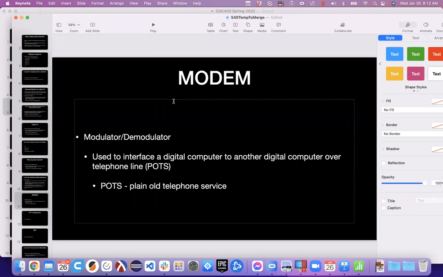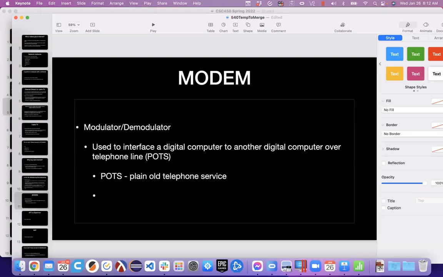All right, so with that in mind, a modem was a piece of equipment that interfaced your computer to another computer over a telephone line. A plain old telephone line is not digital, or at least we weren't using it for a digital signal before. We were using it for an analog signal.